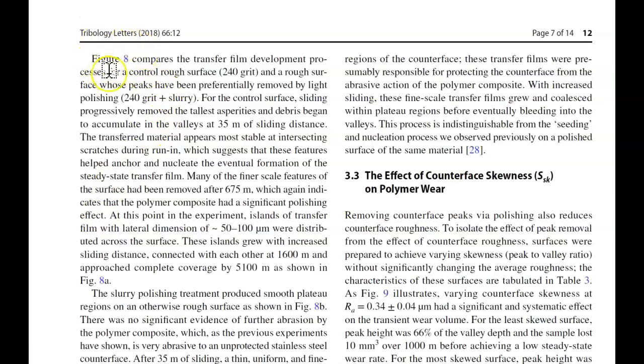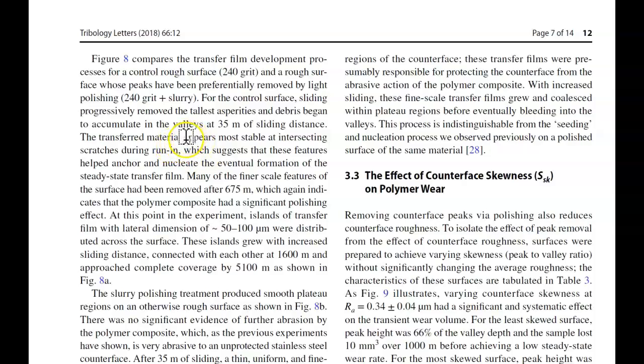So let's note the use of verbs when the authors talk about Figure 8. First, they describe what Figure 8 does, and then they start explaining the results. First, they use confident verbs. So sliding removed the tallest asperities, and debris began to accumulate. Then they get a little bit more tentative, a little bit lower confidence.